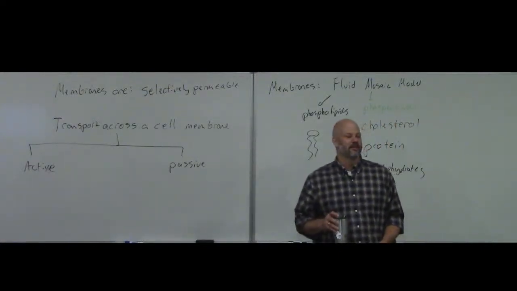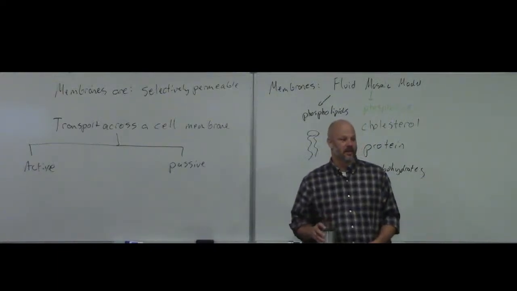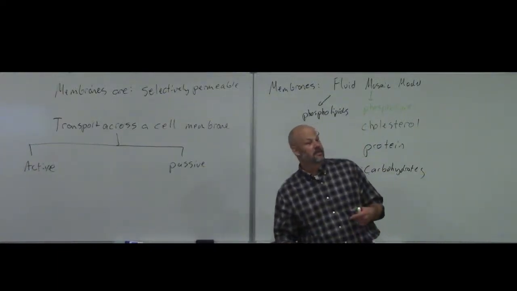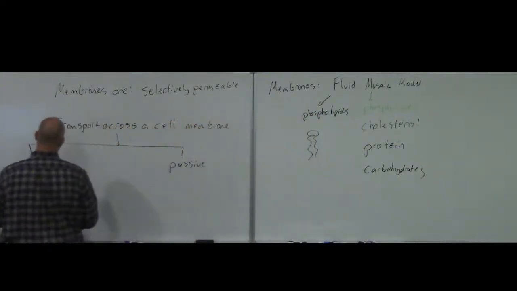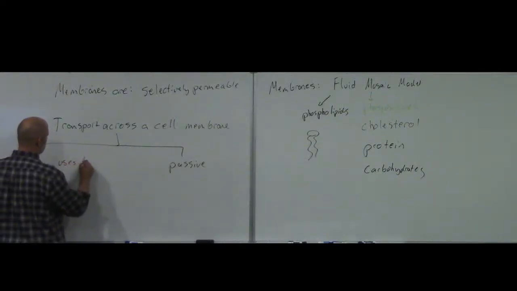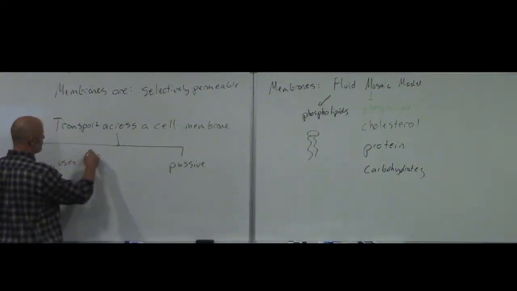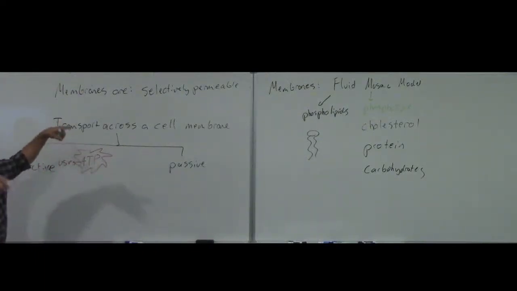Describe somebody who's active. They use a lot of energy. Somebody who's passive does not. So this has to do with energy, right? So somebody who's active uses a lot of ATP, which of course is energy. By the way, ATP is almost always drawn with some kind of an energy bubble around it.